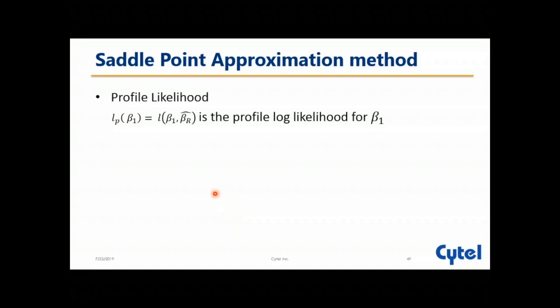Then here the conditioning is done on the remaining covariates or remaining parameters by taking the maximum likelihood estimate for them. So the likelihood is computed for a fixed value of beta 1, and once beta 1 is fixed, the maximum likelihood estimate for the remaining betas will be computed, and then we'll compute the log likelihood for this set: the fixed beta 1 and the MLE of the remaining betas, where beta R stands for remaining.